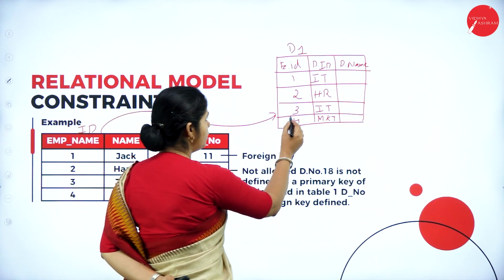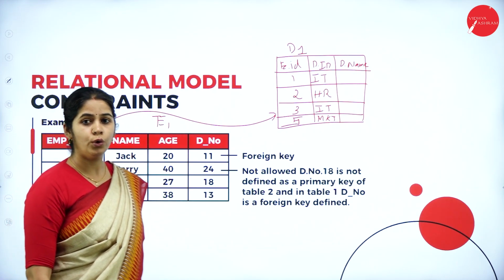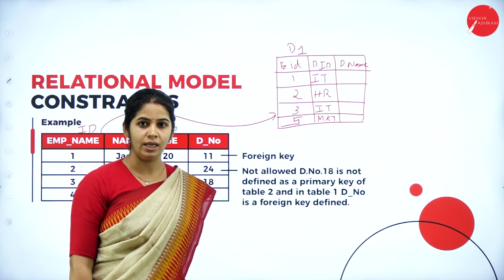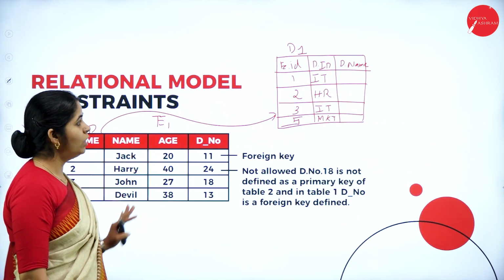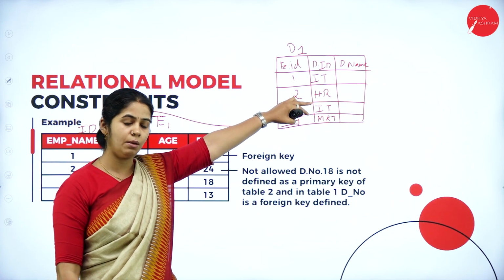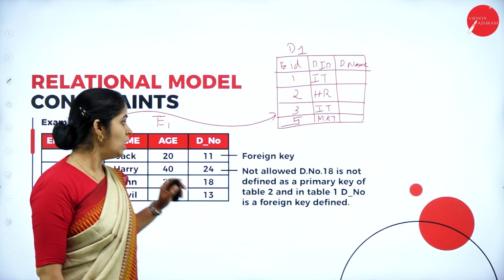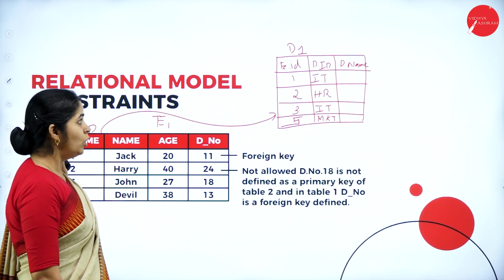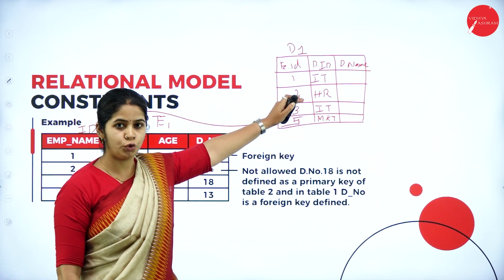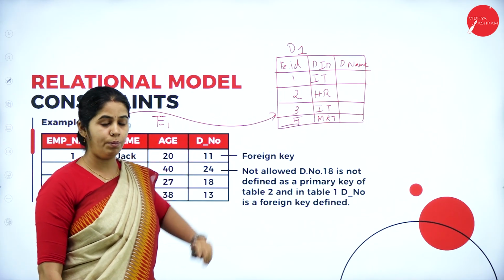If in place of 4, I put 5, it will show an integrity constraint error, because it is not defined in table 1 and you are trying to use it in table 2. That is the referential constraint. You are referring to the primary key of table 1 from table 2 to fetch the details of that particular employee.